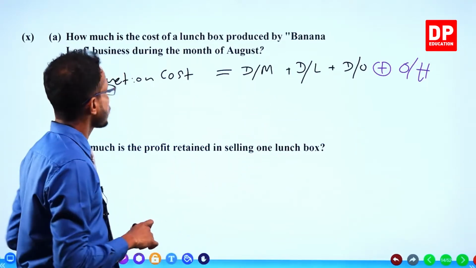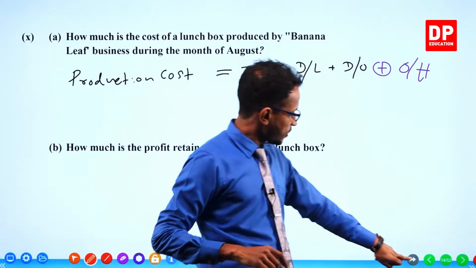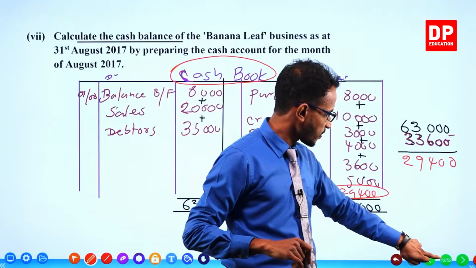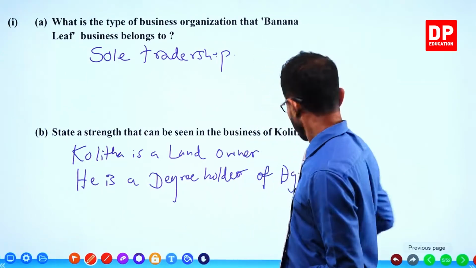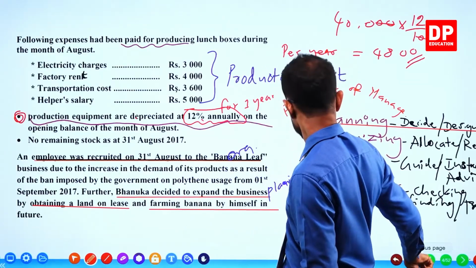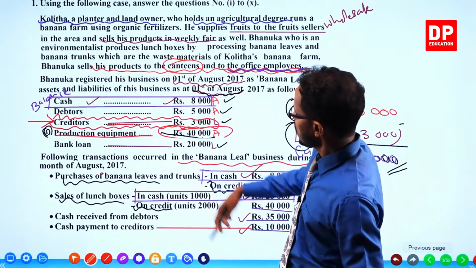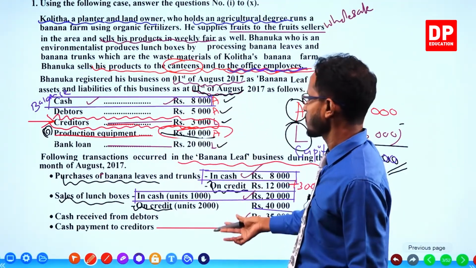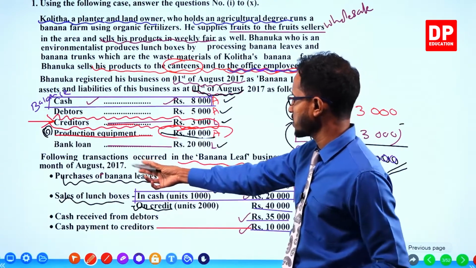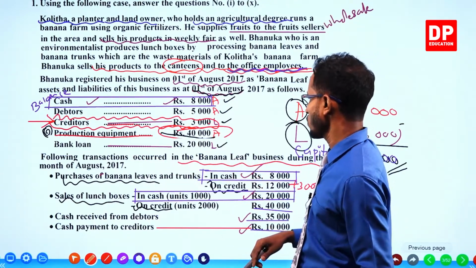Okay, let's go and see direct material, direct labor, direct other. What costs are given? Here purchasing of materials. There you go.